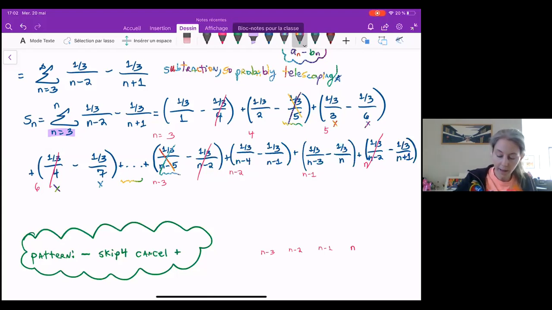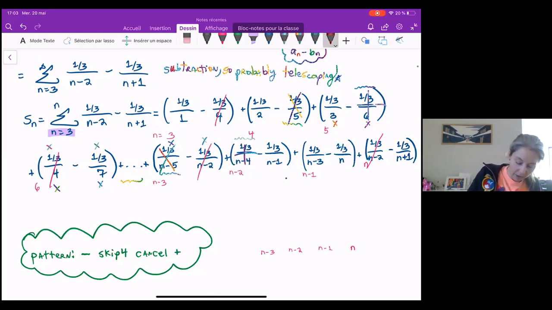Then I'm going to move to my next negative. So my next negative is 1/3 over 6. And I'm going to skip 4. 1, 2, pretend the plus dot dot dot's not there. 3, 4, and I'm going to cancel with the 1/3 over n minus 4. Okay, then I go on to my next negative.